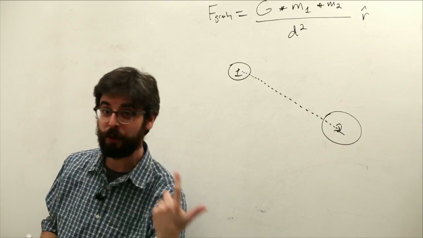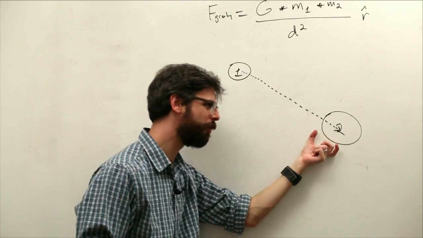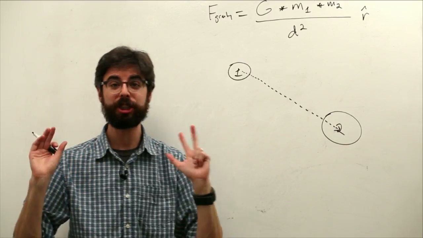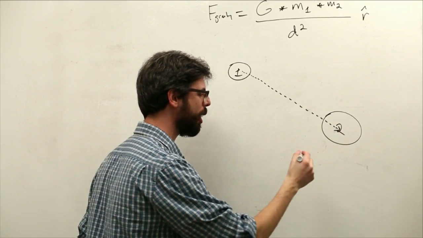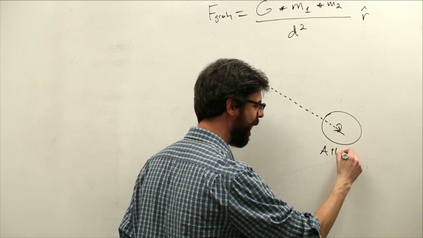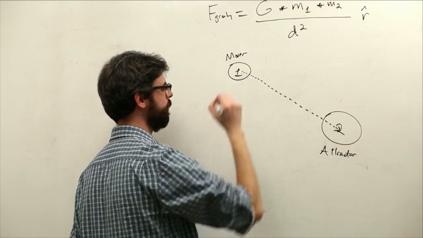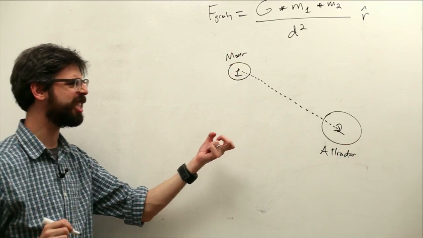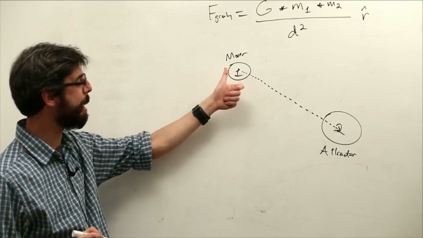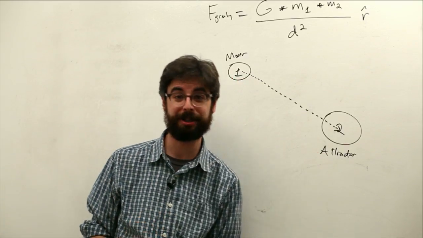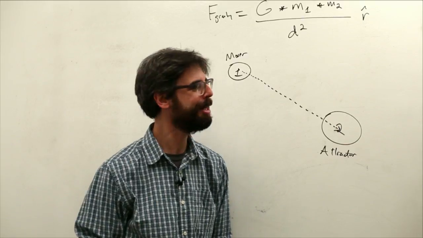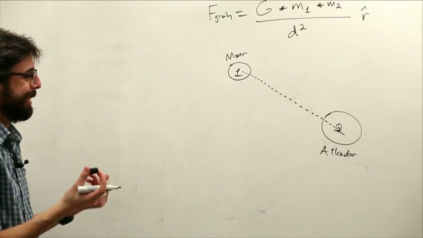The gravitational force on object 2 is a vector that points from 2 to 1. But let's make things simple to start with. In our example, we're going to have something called an attractor that doesn't move, and we're going to have this mover. The attractor is this fixed thing, and the force is going to map from mover to the attractor.